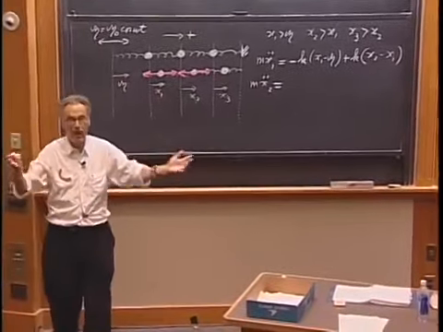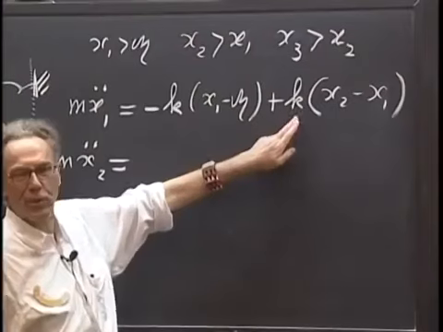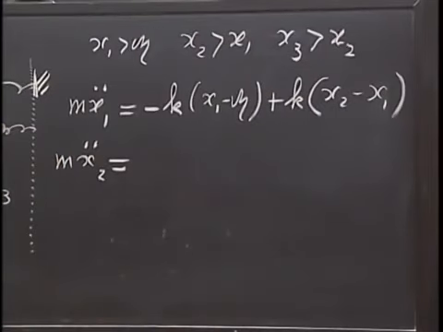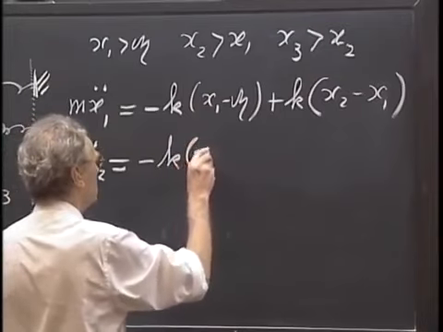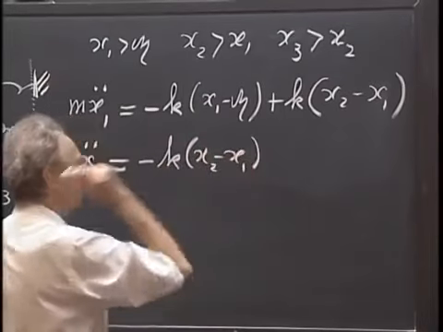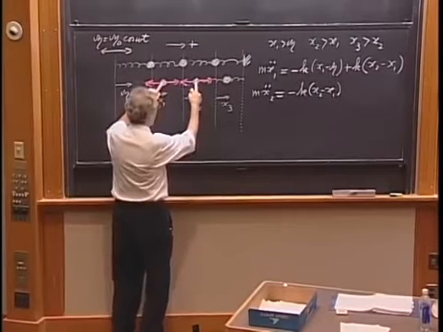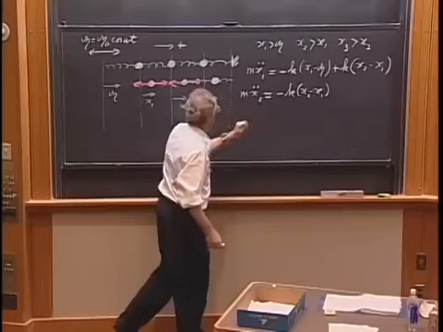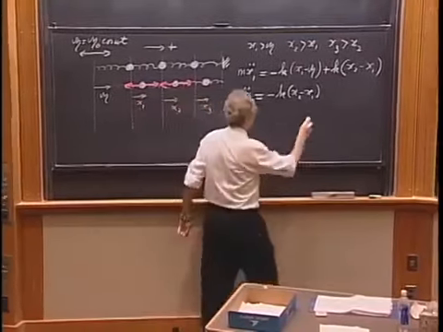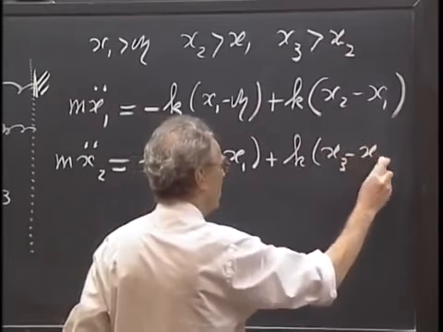Right? Action equals minus reaction. This pull is the same as this pull. So it is going to be this term, which now has a minus sign. You always see that in coupled oscillators. That was a plus here, is going to come out here as a minus sign. You see that? Comes out nicely. Because this spring is longer than it wants to be by an amount x2 minus x1, and the force is in the minus direction. And this one is now going to be plus k times x3 minus x2.